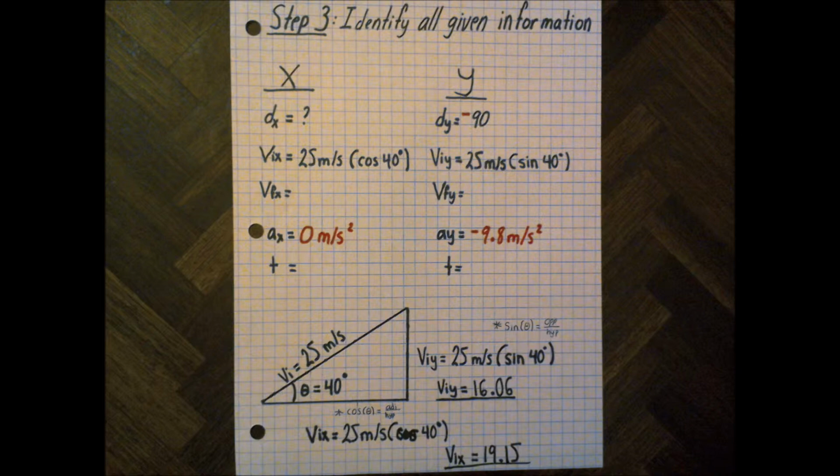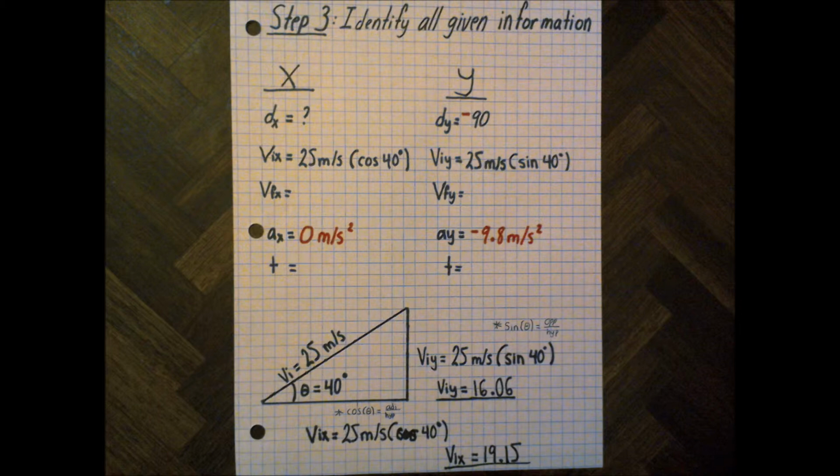We already know the hill was 90 meters up, so dy, the distance vertically, will be negative 90, since the stone will be falling 90 meters down. We also know that ay is negative 9.8, because gravity is 9.8, but since the object will be falling downwards, it will be negative 9.8.